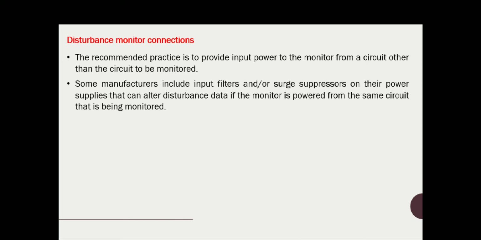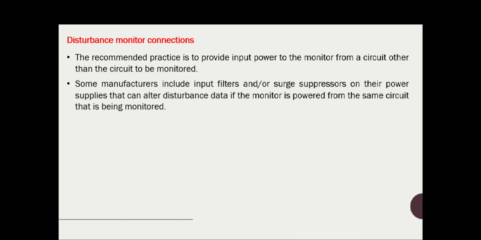For example, the grounding of a power disturbance monitor is an important consideration. The disturbance monitor will have a ground connection for the signal to be monitored and a ground connection for the power supply of the instrument. Both these grounds will be connected to the instrument chassis. For safety reasons, both of these ground terminals should be connected to the earth ground.